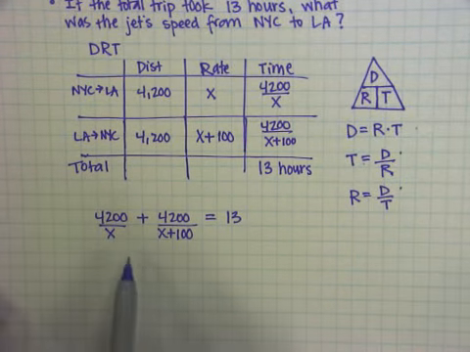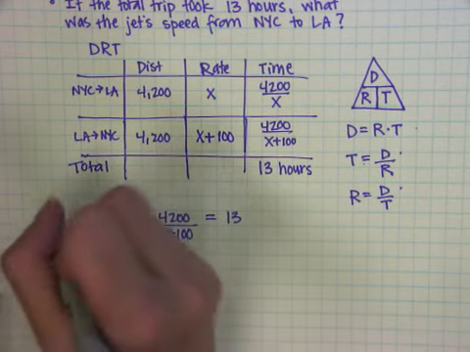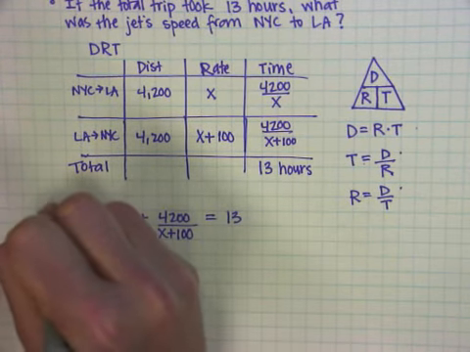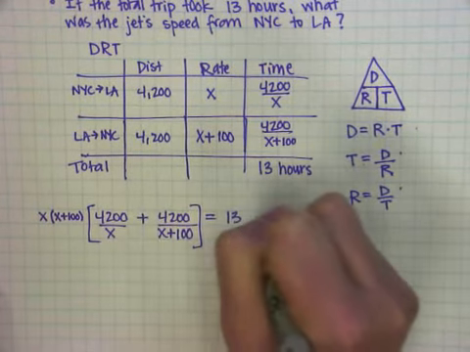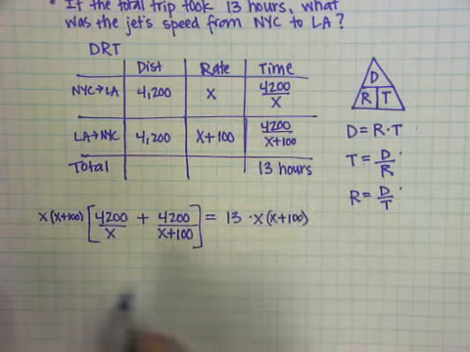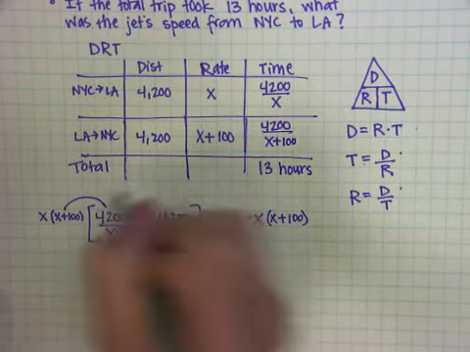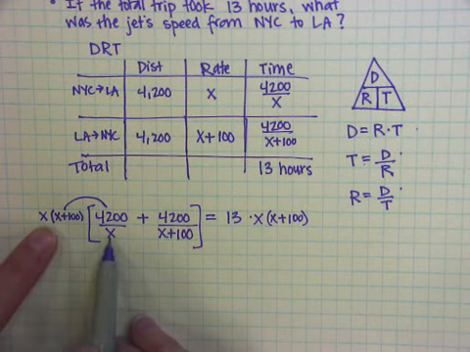Now, once we get here, we're going to probably want to clear the denominators by using the least common denominator. So I'm going to multiply by x and x plus 100 on both sides. When I do this and I distribute, an x on top and an x on bottom are going to cancel out.